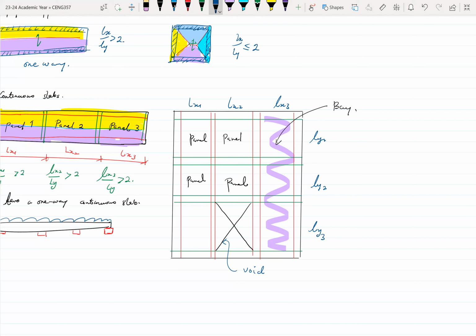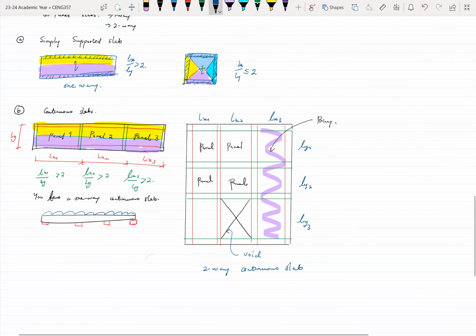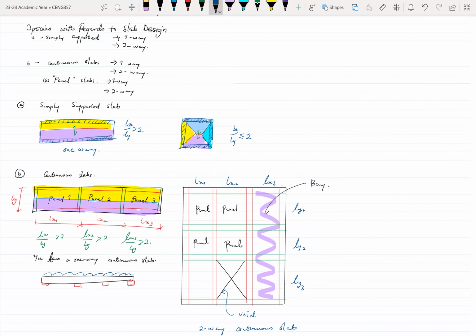So this becomes a two-way continuous slab. And the reason why we are going through all this approach is that their analysis, how to get your bending moments and shear forces, is slightly different. That is the only difference between the two.